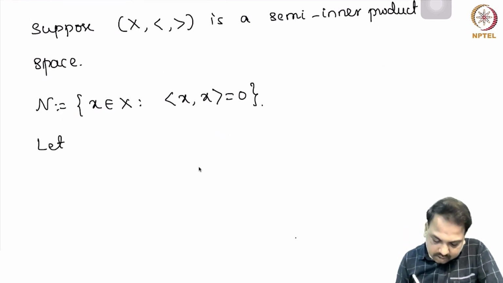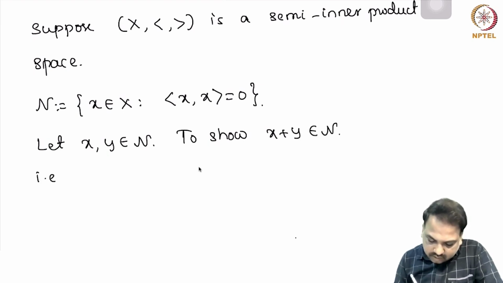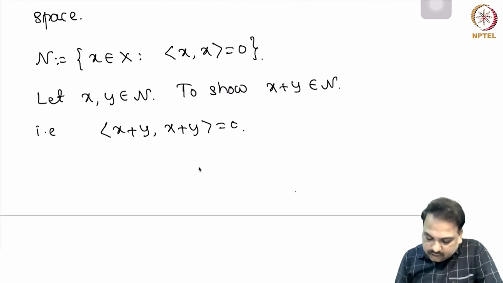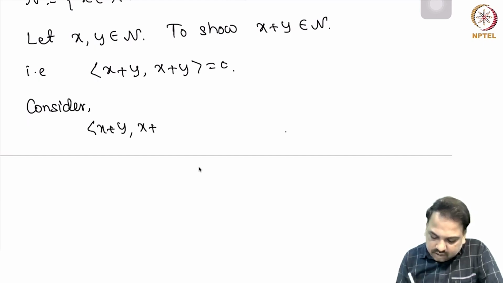Let us look at that part. Let us take x and y from N. We want to show that x plus y is in N. That means we want to show that the semi-inner product of x plus y with itself is 0 whenever x and y are coming from N. So let us consider this part: x plus y semi-inner product with itself.